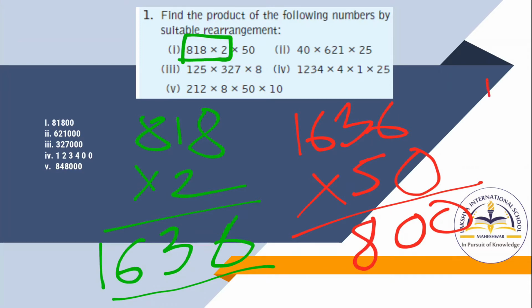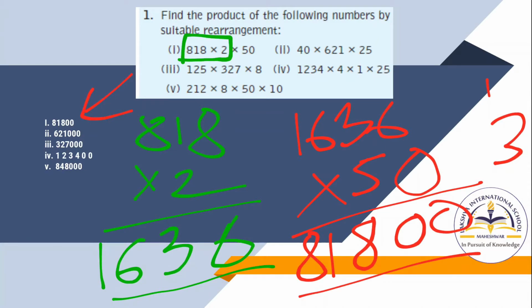Carry 1. 5 6s are 30, then 31. Carry 3. 5 1s are 5. 5 plus 3 is 8. So you can see 81800. This is our answer to the first question.